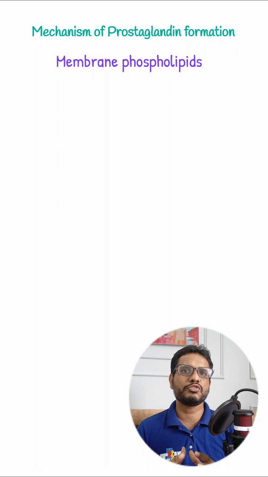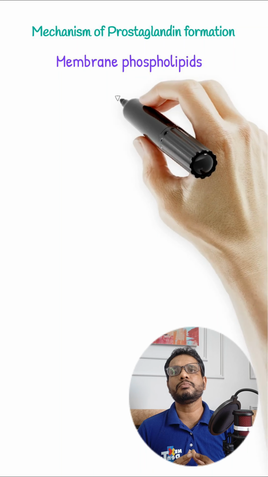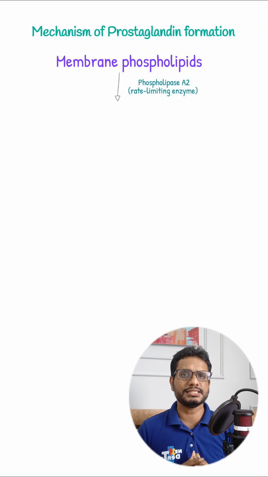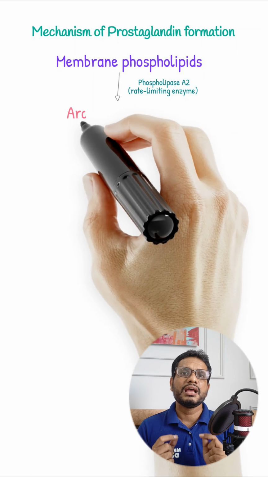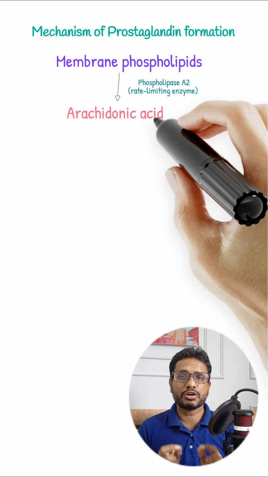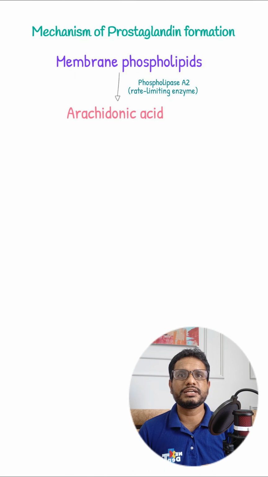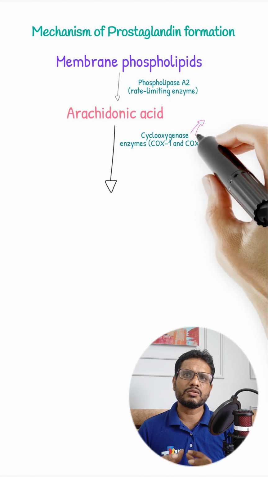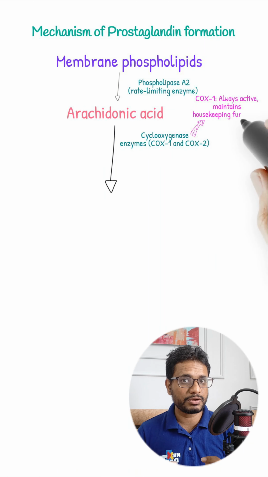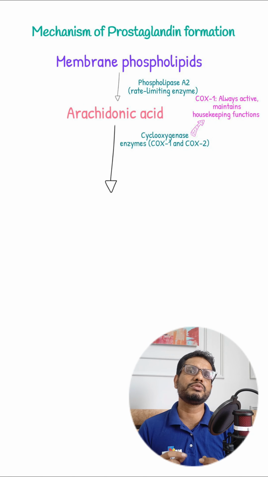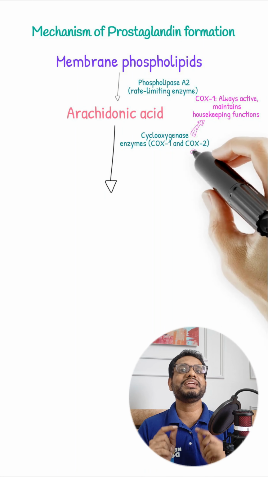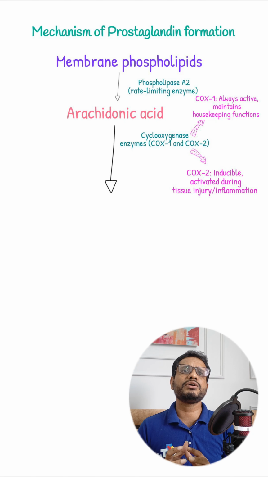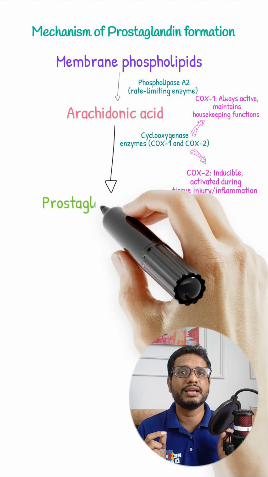So if we try to understand the mechanism of prostaglandin formation, what happens whenever there is trauma? The membrane phospholipids are acted upon by an enzyme called phospholipase A2, which is a rate limiting enzyme, and this releases arachidonic acid. Now this arachidonic acid is converted by COX enzymes, COX-1 and COX-2. COX-1 is always active, maintains housekeeping function as we have discussed, and COX-2 is inducible, active during tissue injuries or inflammation, and these produce prostaglandin H2.